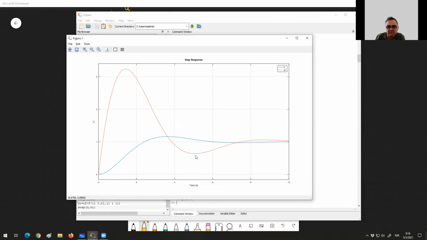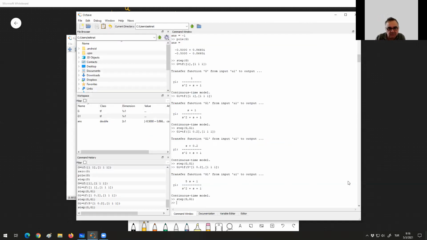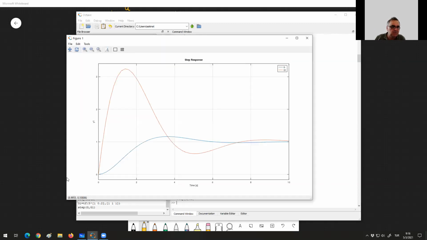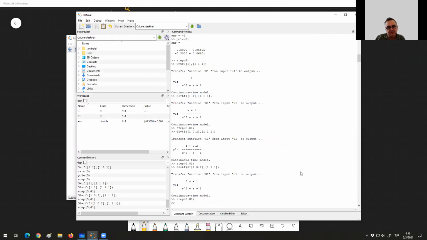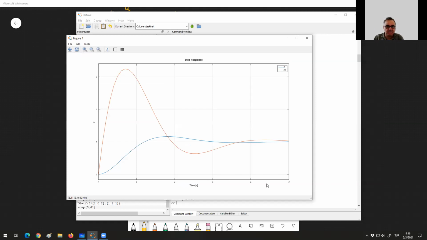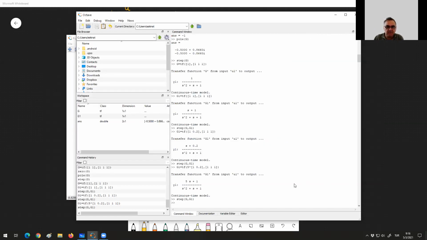This system has a zero at, I think, minus 0.2, close to the origin, and those zeros have influence on the step response. So zeros are not to be ignored, but we are not going to be spending too much time on them for the time being. But just keep in mind that the zeros are important, okay?